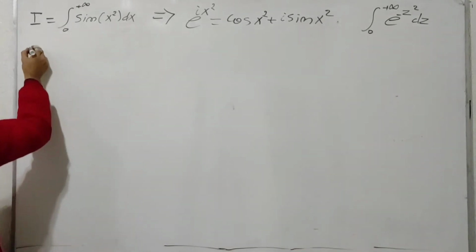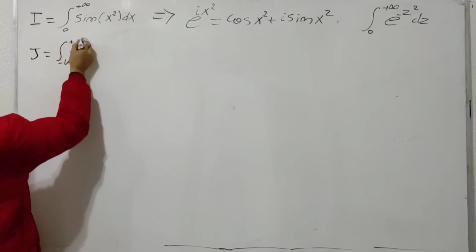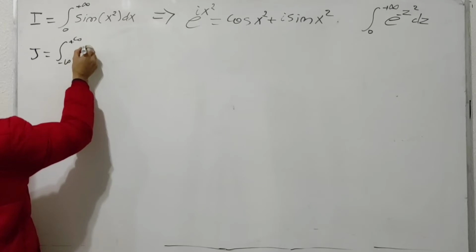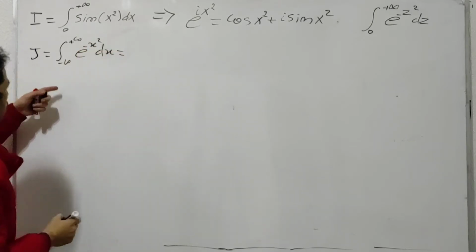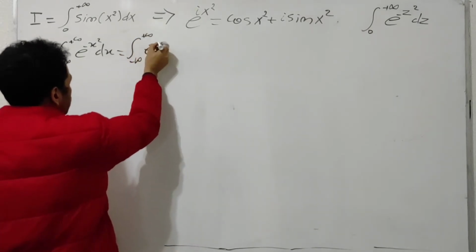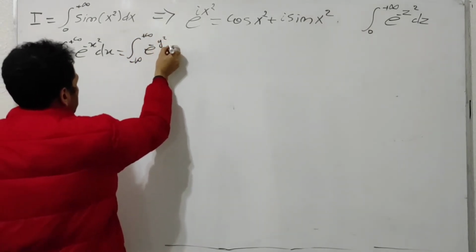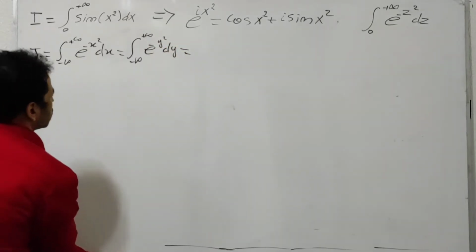So I will have a new integral, I, as x goes from minus infinity to plus infinity of e to the minus x squared dx. This one is the same as the integral from minus infinity to plus infinity of e to the minus y squared dy. I'm going to do the product of these two integrals together.